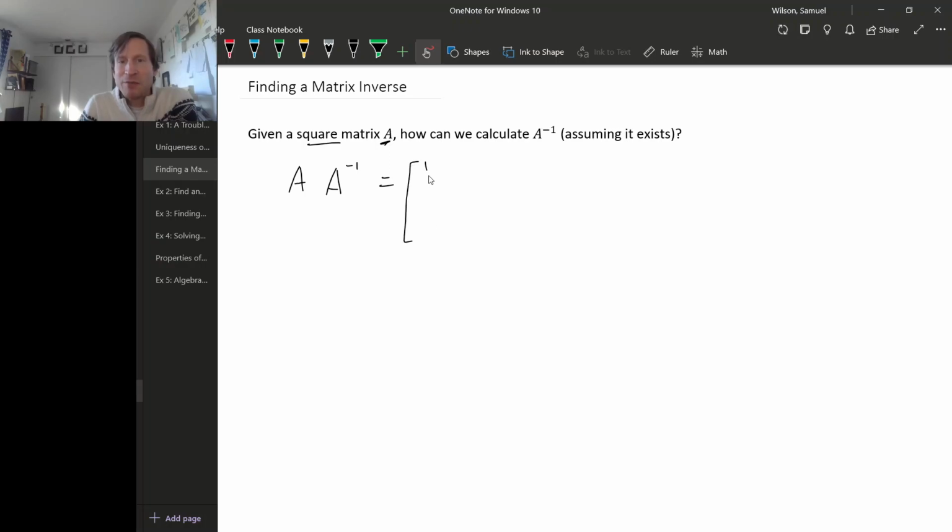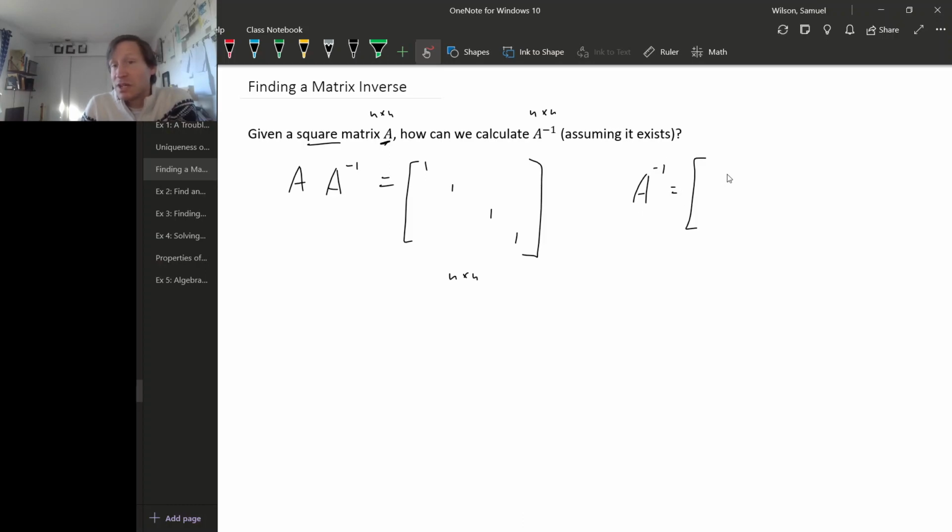Now I'm going to write it as if it's 4 by 4, but keep in mind that it could be any size depending on what size A is. The matrix A inverse is some matrix. Since A has to be square, it's n by n. A inverse also has to be n by n, and this identity is going to be n by n.